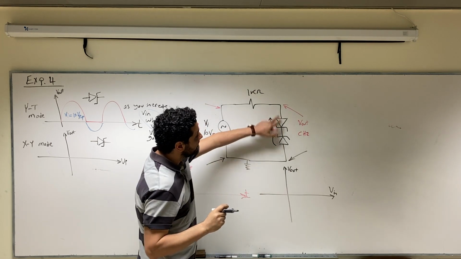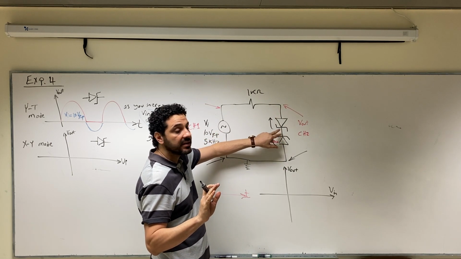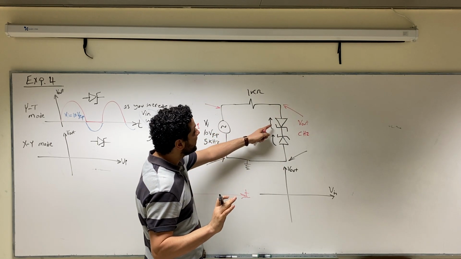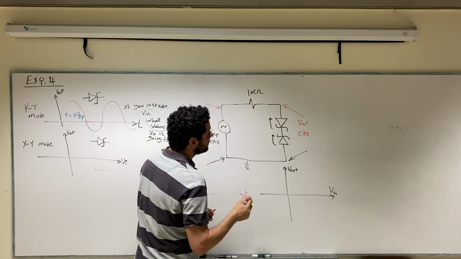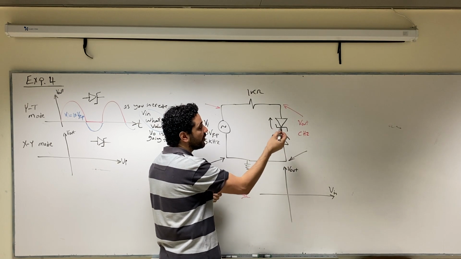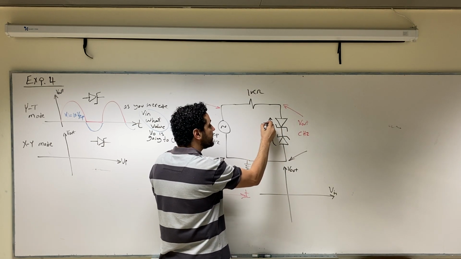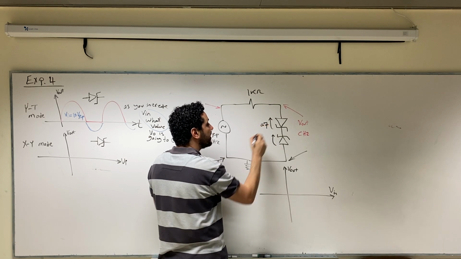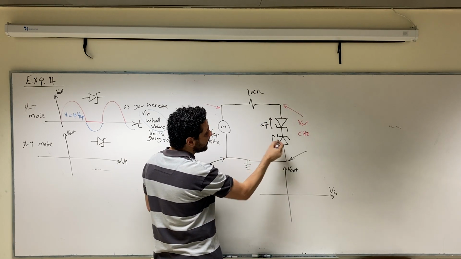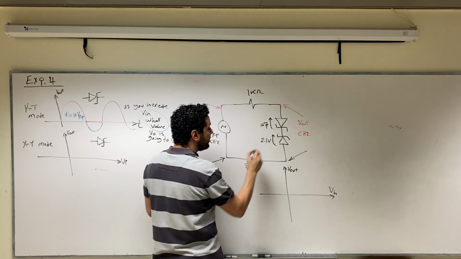This branch is going to be open circuit unless V input is enough to operate this diode in the forward region. And we know that a Zener diode in the forward region works like a regular diode, so it needs around 0.6 or 0.7, let's say 0.7, to operate in the forward region. And in order to break down this diode, we need around 2.1 volt.